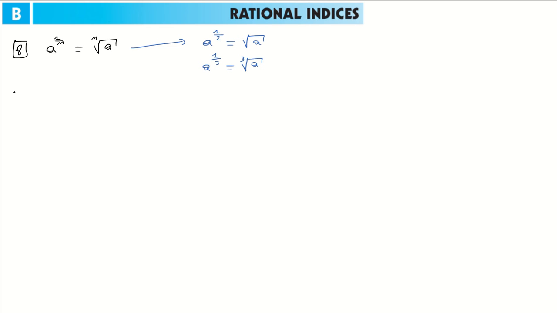But a bit more complicated index law is the following one. A to the power of m over n. That one we can write down as the nth root, because the n is here the denominator, of a to the power of m.